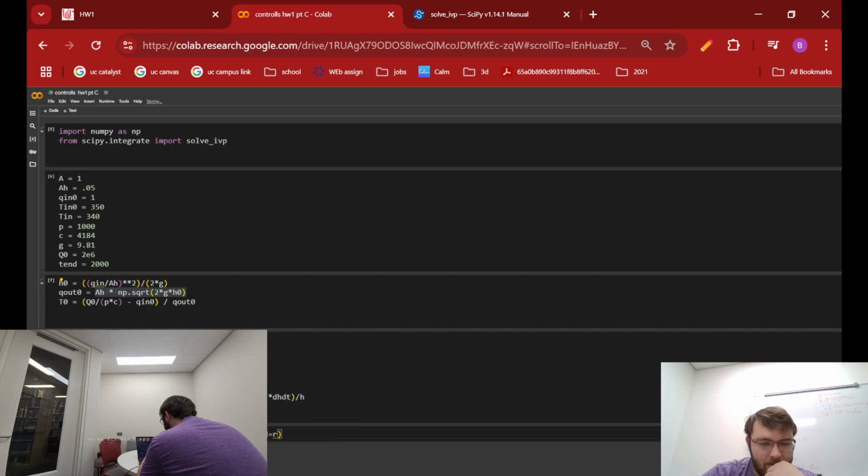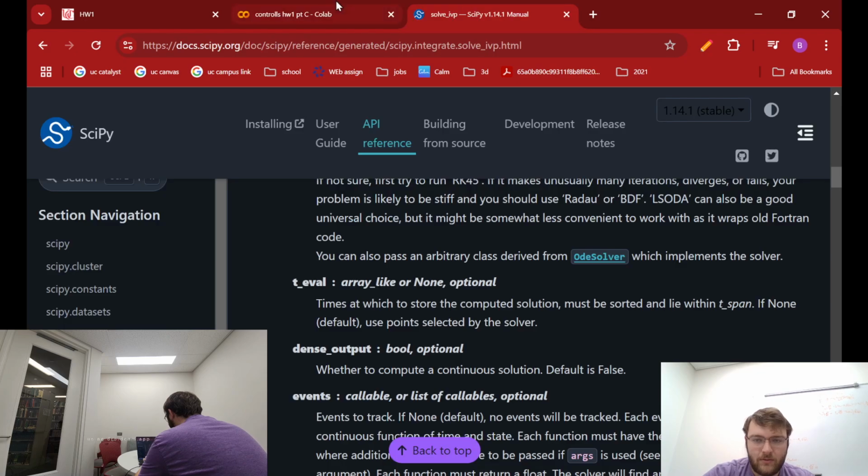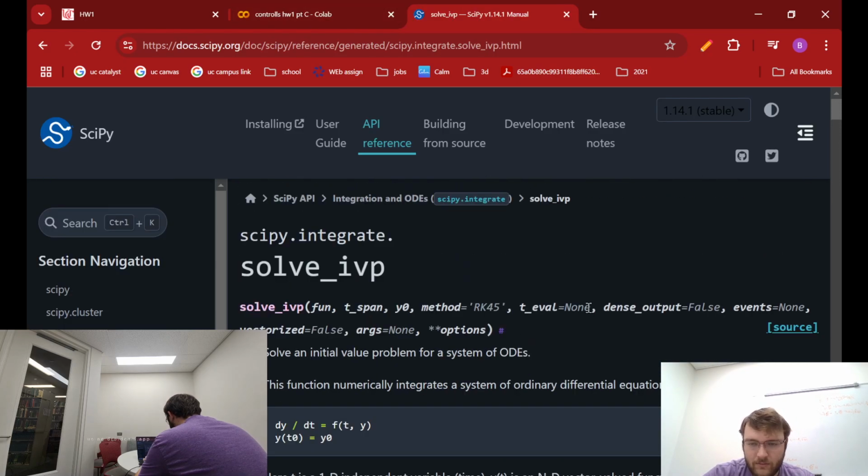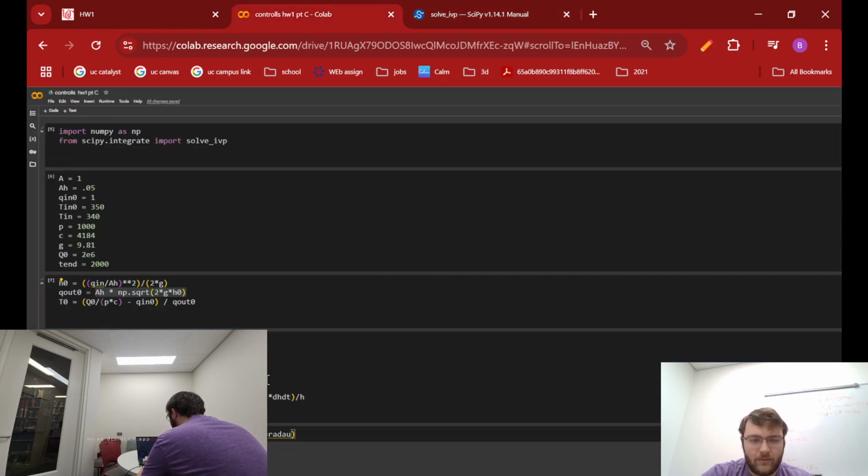And then the next method is rod. Yeah. And then we also are looking for dense output, I believe was the other one, and that we want to equal false.